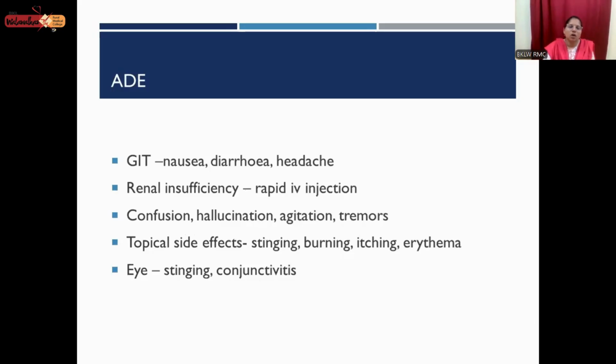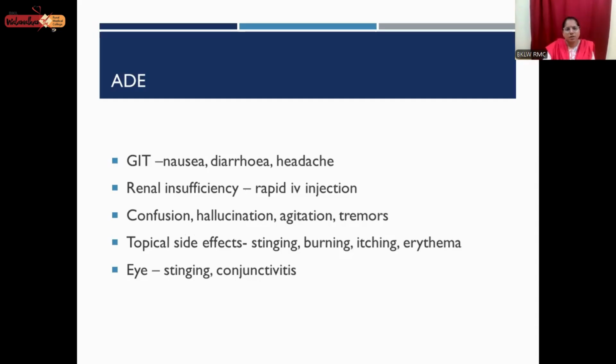It causes mild GIT side effects like nausea, diarrhea and headache. When given as a rapid IV injection, it causes renal insufficiency. So the injection should be given slowly or diluted, depending on the patient's condition. That will prevent renal damage.